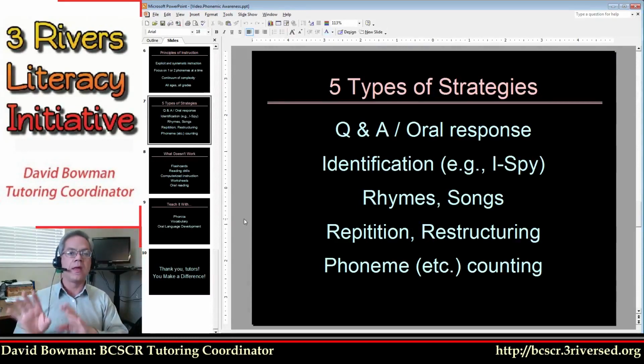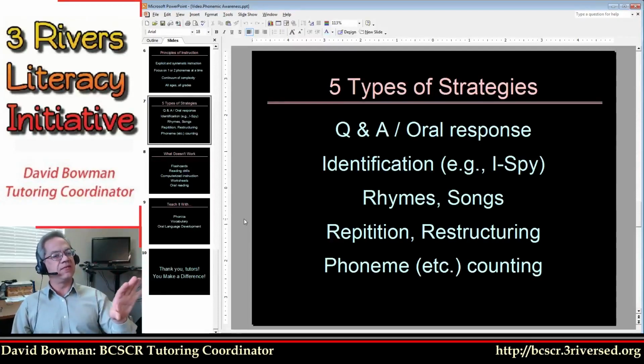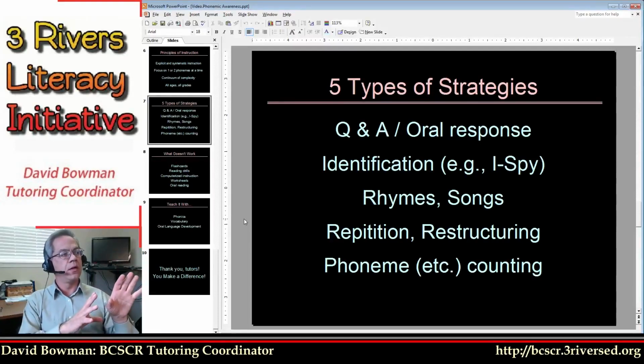It begins with how many sounds do you hear and what are those sounds? And now let's change some of those sounds. So any kind of instructional activities that deal with those principles and strategies that align with this set right here is going to be very useful for helping students to develop their phonemic awareness.